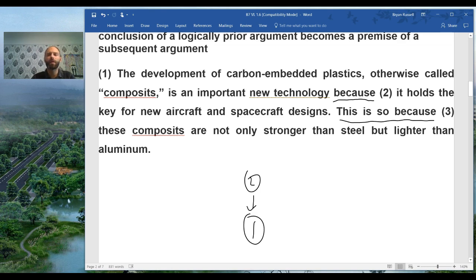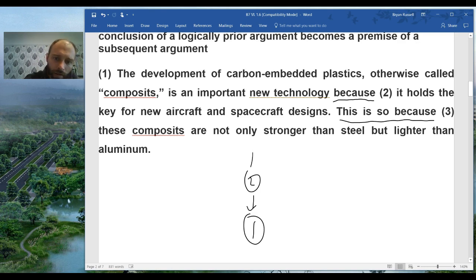Right before statement 3, it says, this is so. So the this that it's referring to is statement 2, right? So why does the development of carbon plastics hold the key to new aircraft and spacecraft designs? Because these composites are not only stronger than steel, but lighter than aluminum. So 3 here supports 2, and then 2 supports 1.